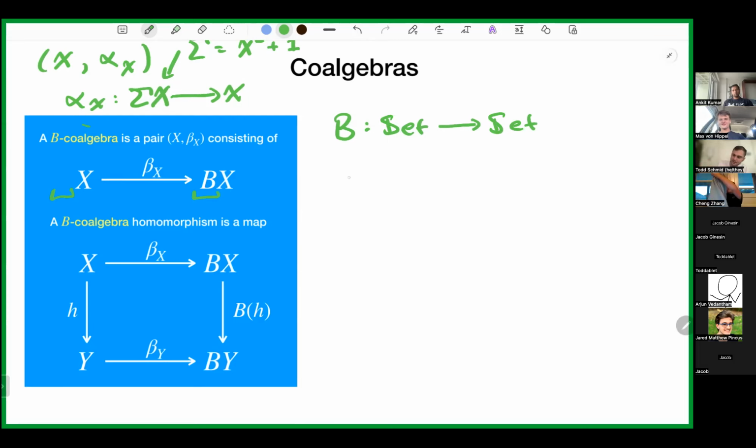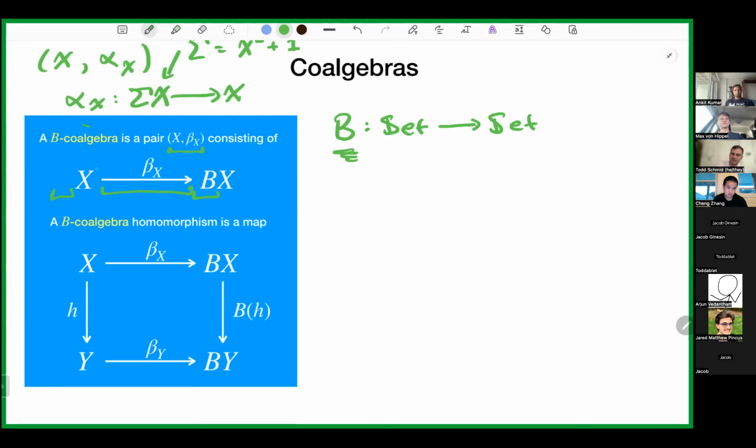And a coalgebra for one of these functors from sets to sets is just a structure that consists of a set of states and a map, which you can think of in all sorts of different ways, as a transition map, as a structure map, as a deconstructor map, as some people call them.